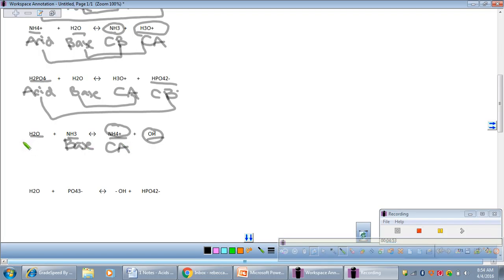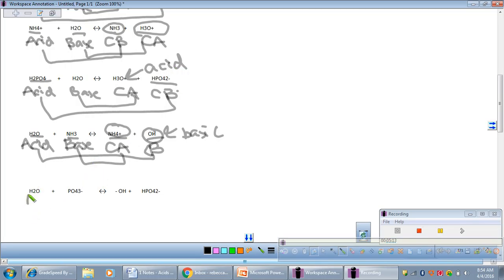And water this time is acting as an acid. And it leaves us with OH-, the conjugate base. Remember, the presence of hydroxide means that it's basic, and the presence of our hydronium ion means that it's acidic. Okay, H2O is going to act as the acid again and donate its proton to PO4 3-, and here we have our pairs.